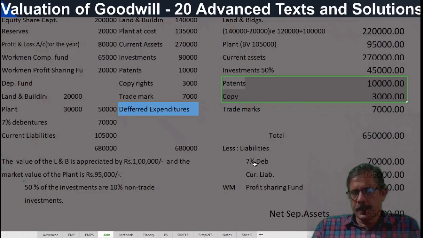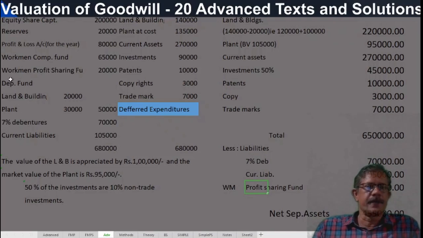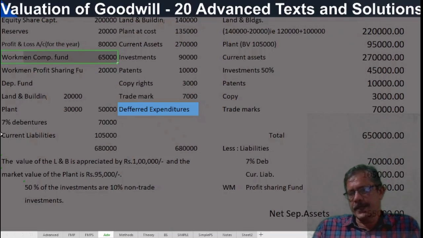Liabilities assumed are 7% debentures, current liabilities and workmen profit sharing fund. Workmen profit sharing fund is a third party liability. But workmen compensation fund is a part of accumulated profit, reserves and surplus, part of net worth. And this is the asset side approach for calculating capital employed.